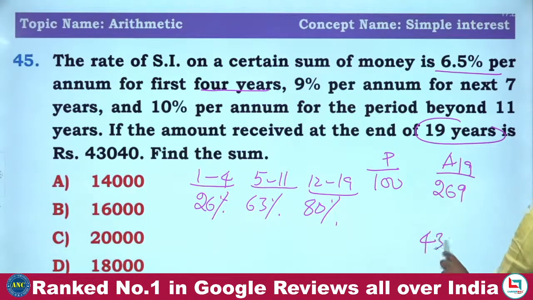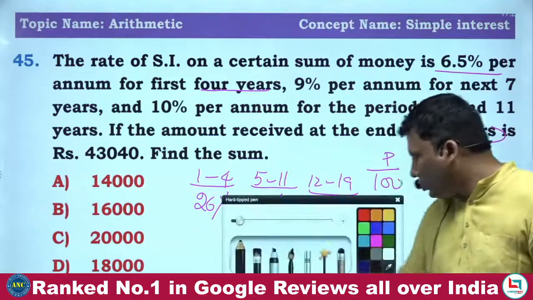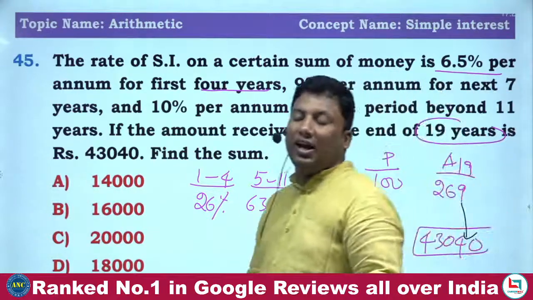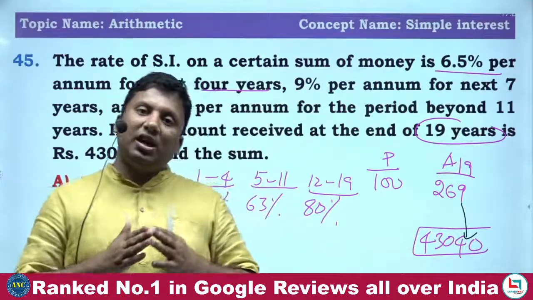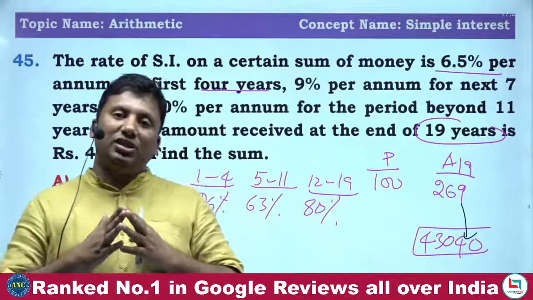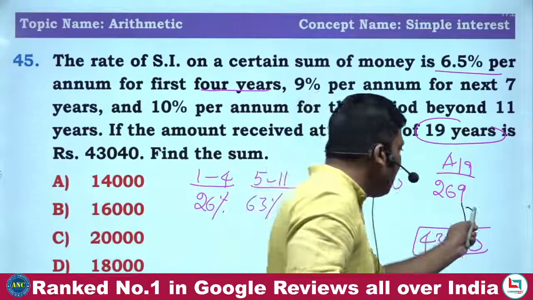This is becoming 43040. Here also, don't waste your time in solving this question. 9 is becoming 4. Which multiple of 9 will give you 4? 9 ones are 9, 9 twos are 18, 9 threes are 27, 9 fours are 36, 9 fives are 45, 9 sixes are 54.